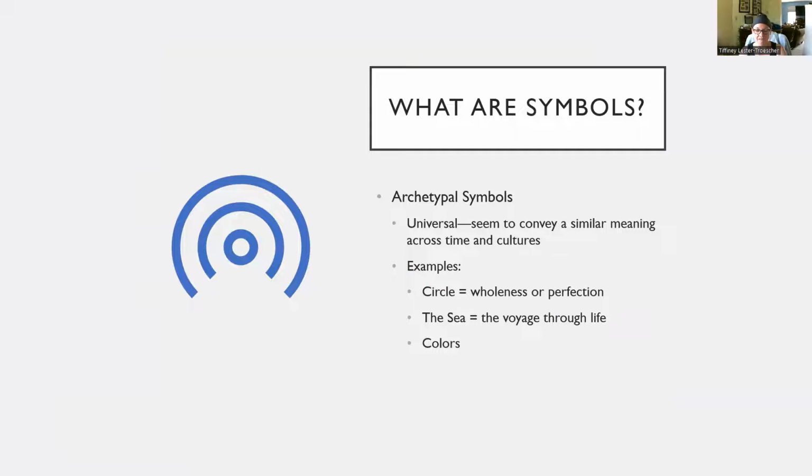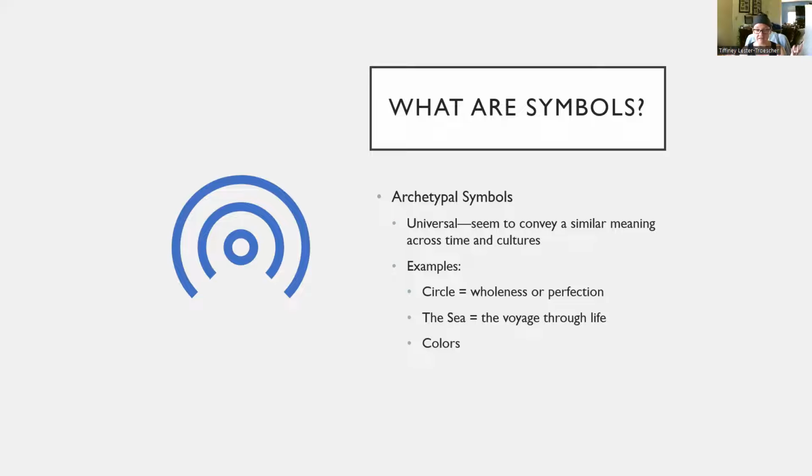I will say that short stories can sometimes employ additional imagery. Not that it's not used in poetry, but you want to think about archetypal symbols, universal symbols. These are symbols that mean the same thing no matter where you go in the world. So a circle is a symbol of wholeness and perfection all around the world.